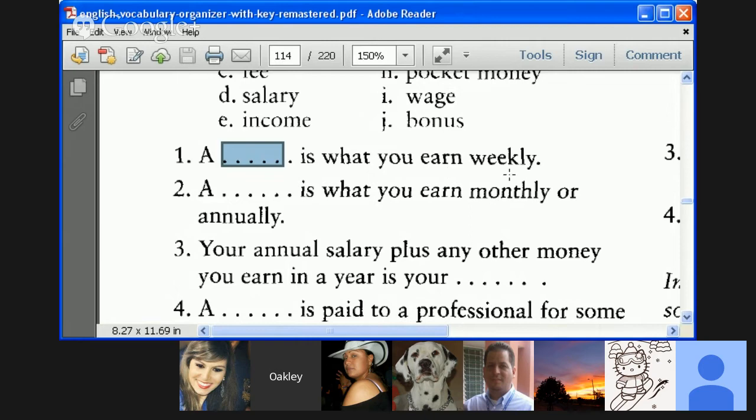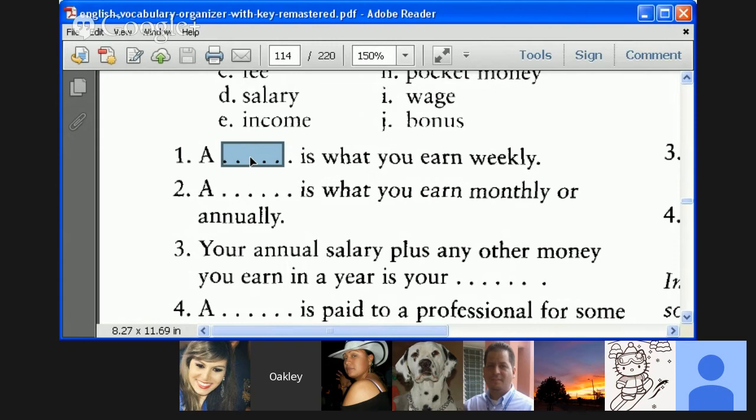A wage is what you earn weekly. Okay. Not for Americans. Your wage is what you earn hourly for an American. If I get $10 an hour, $15 an hour, $15 an hour is my wage. So this is different. Salary for an American refers to what you get per week.